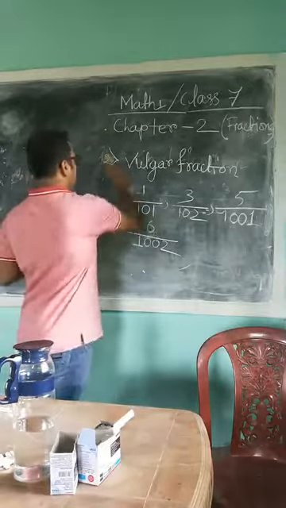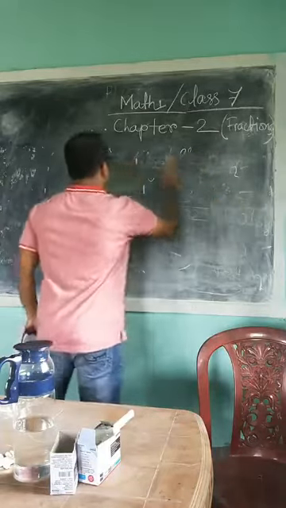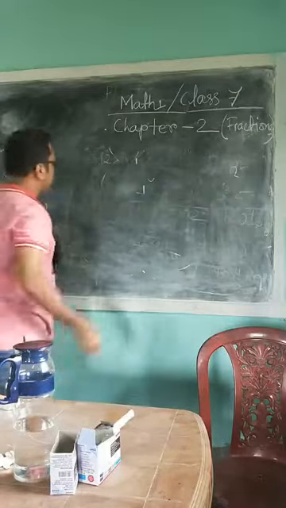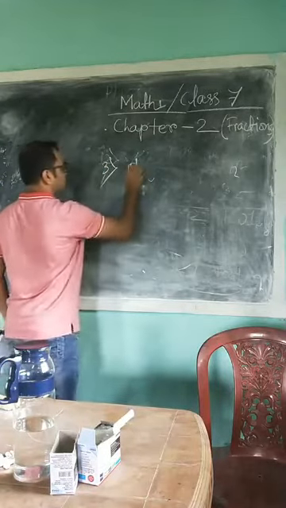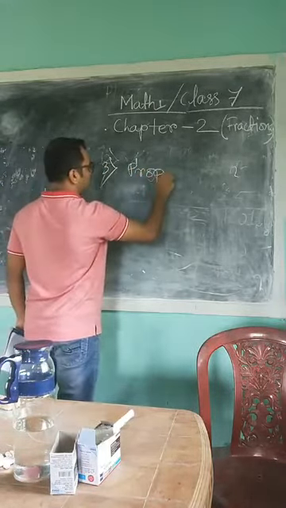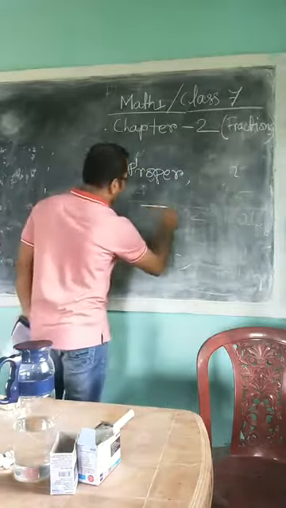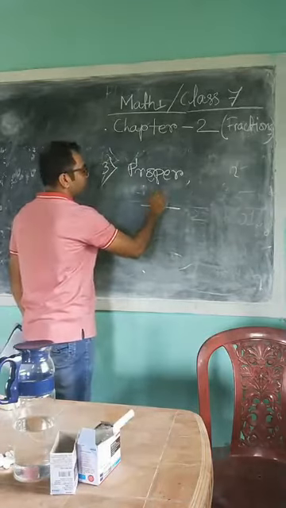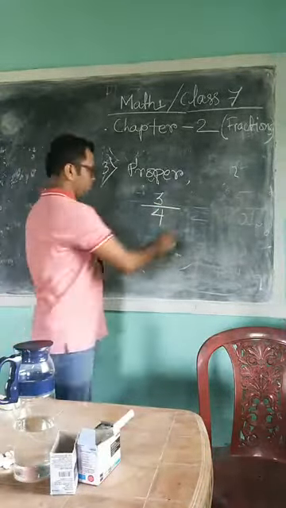Next fraction is proper fraction. In the case of proper fraction, numerator is always less than denominator.